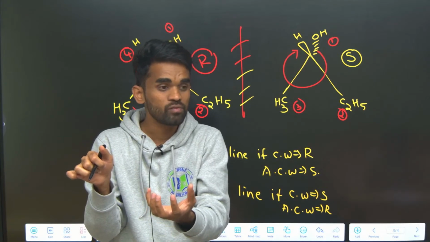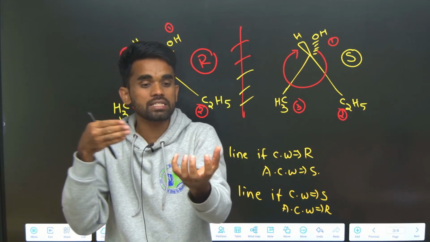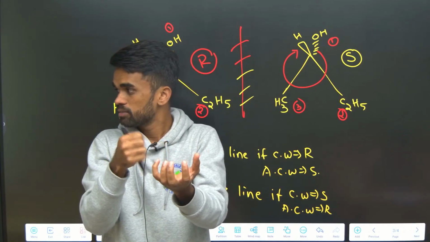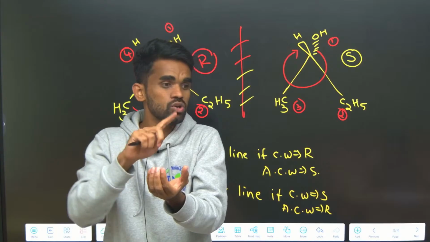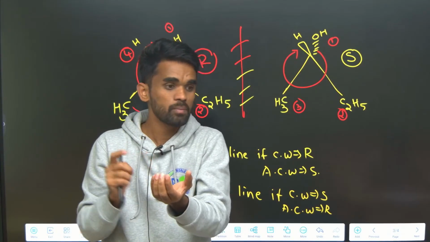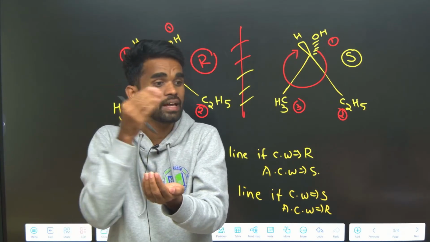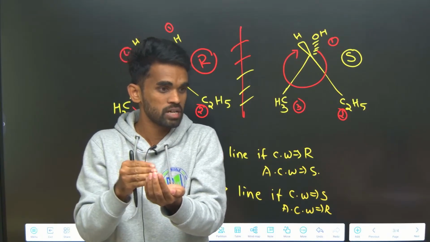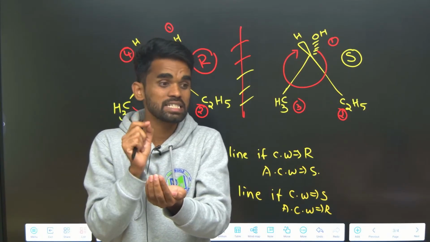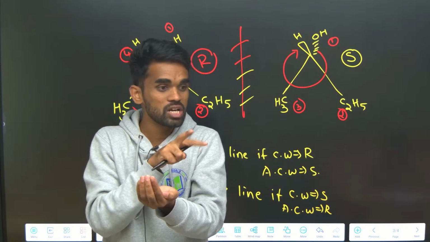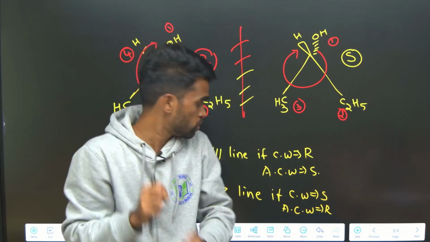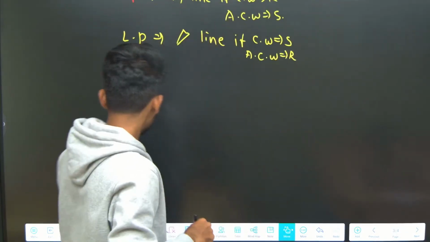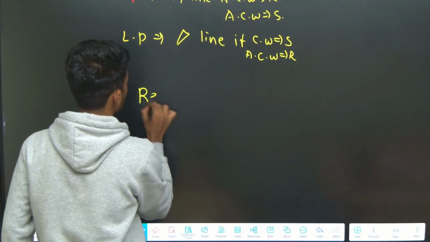So now tell me, what if I pass plane polarized light through this? Undeflected or some deflection? It won't have any deflection. Why? There is no rotation of plane polarized light, because an equimolar mixture of R and S configuration compounds is there. I am calling it a racemic mixture. It means a mixture of two stereoisomers, enantiomers. So you can write a new term here, racemic mixture.